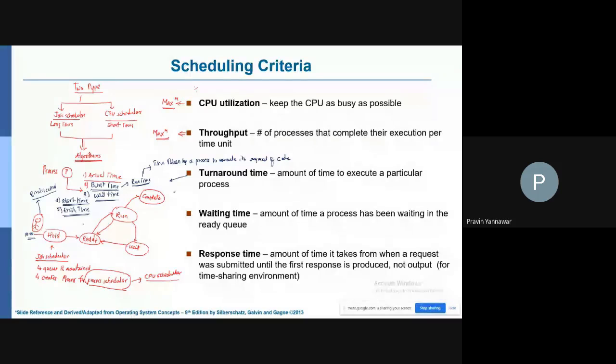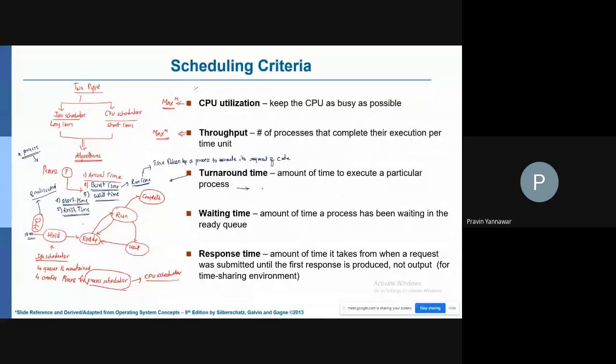Usually, if your system is dealing with n number of processes, then for every process you calculate the turnaround time. For all processes, you need to calculate the average turnaround time.